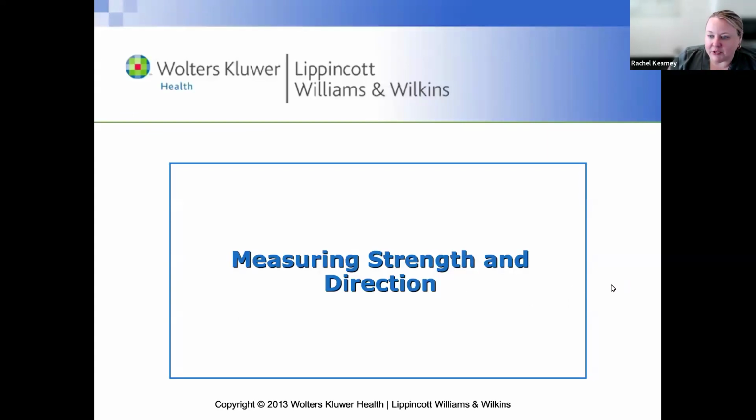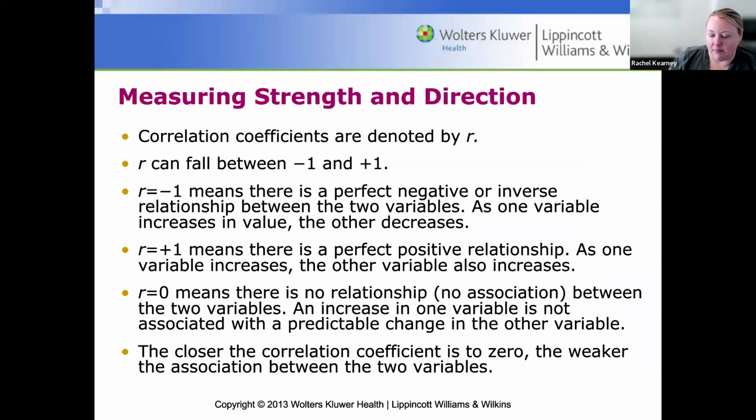So we measure, as we talked about before, strength and direction. So we'll talk about these two things. Correlation coefficients are denoted by a lowercase r. The r can fall between -1 and +1, so any number between -1 and +1.